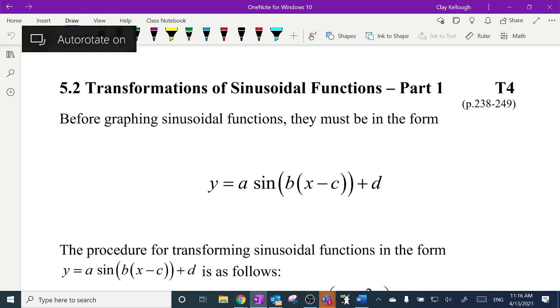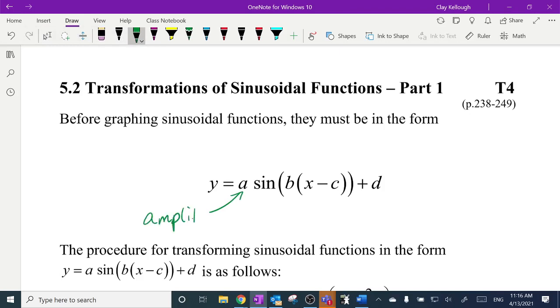Well, we already talked about A the other day. A is amplitude. It's how much you stretch the graph or compress it. B is not period itself, but period is 2 pi divided by b, or 360 degrees divided by b, depending on whether you're in radians or degrees when you graph it.